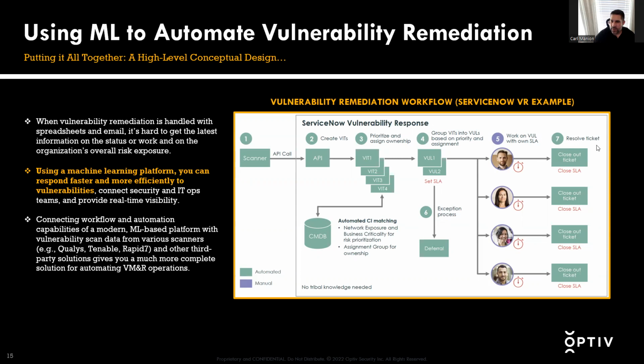And then you can follow that all the way through with the specific vulnerability remediation owners with an SLA, put timelines on it, follow up with them, and then close it out within the service level agreement that you've established. So fix this within 2 weeks or fix this within 30 days. And if somebody's past that time, you can follow up with them and see what's going on, and then eventually resolve the ticket.